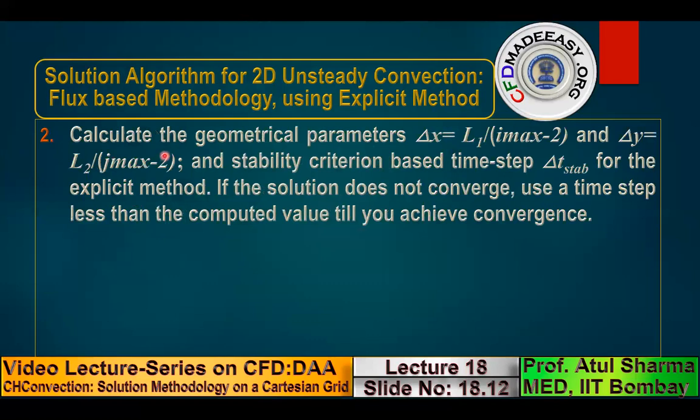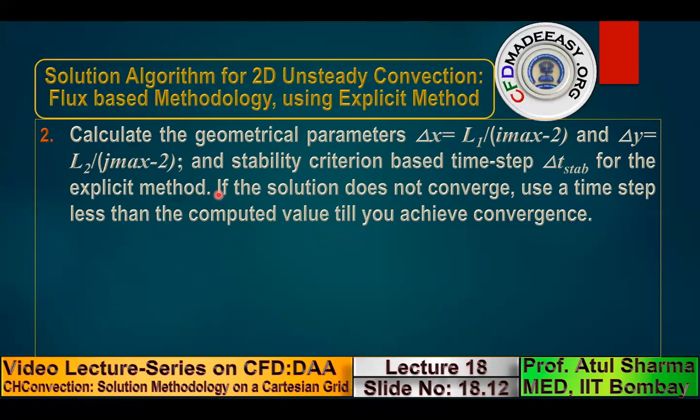So after the user input in a uniform grid, you can calculate the geometrical parameters, such as the width of the control volume in the X direction and the Y direction. And you have to calculate the stability criteria based time step for the explicit method. Note that in the previous lecture, it was mentioned that we do not have an expression for stability criteria for convection.